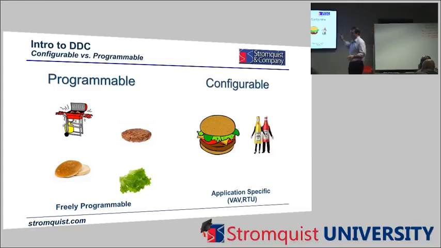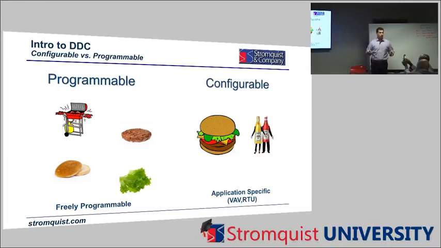I'll take that, and by the way, just give me a little ketchup and mustard on it as well." All right? I struggle with this analogy sometimes to how to properly make it, but essentially, if you're a configurable controller, it's application specific. So you're going to buy a controller that's for a VAV box, and it's going to come up and say, "I need to know this."